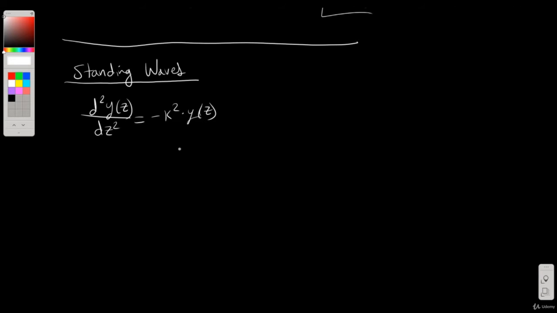If you want to solve any sort of equation here, and I'm getting a little bit ahead of myself, you have to have some sort of boundaries, some sort of system. Otherwise, I suppose you can solve this for free space, in which case it would be a trivial solution.